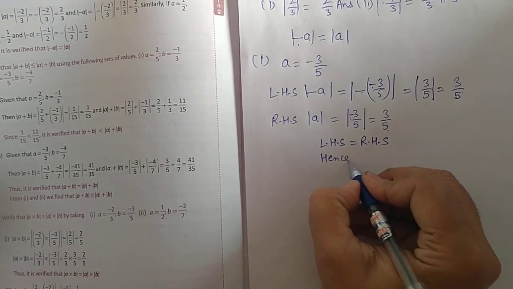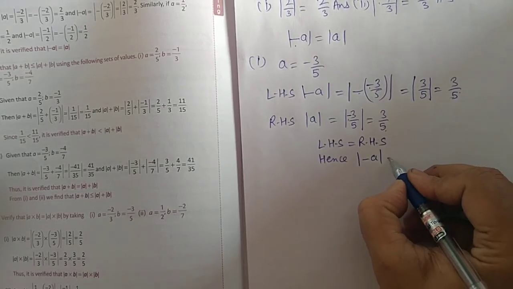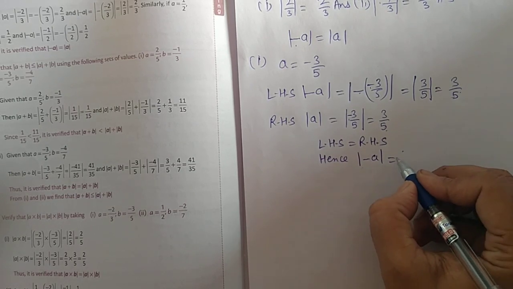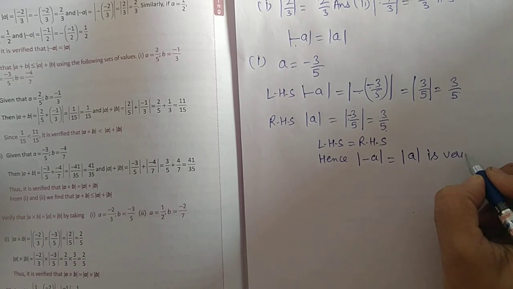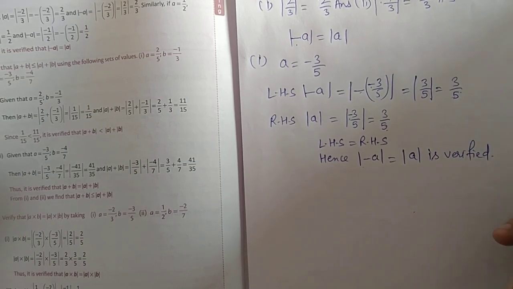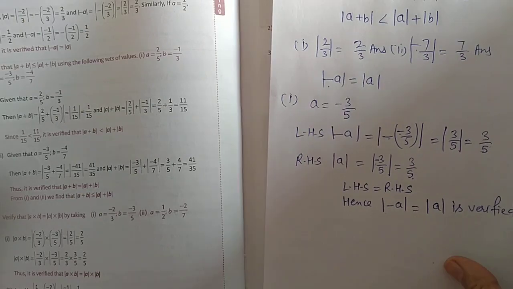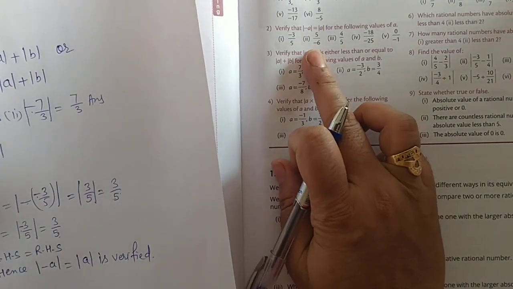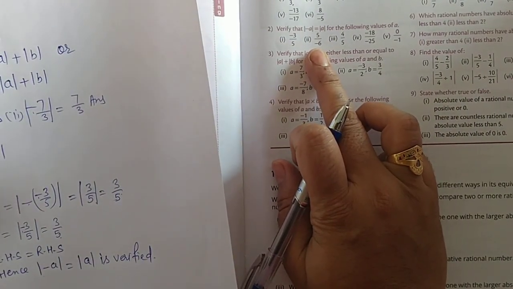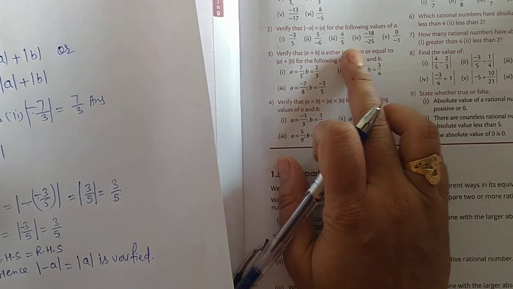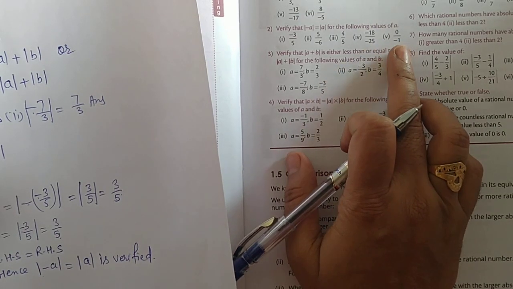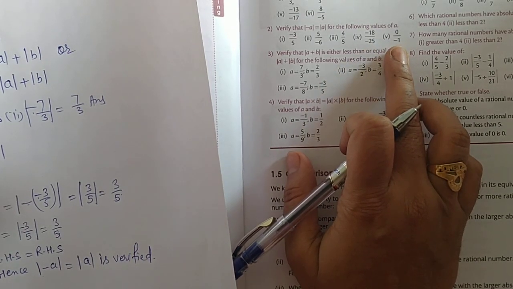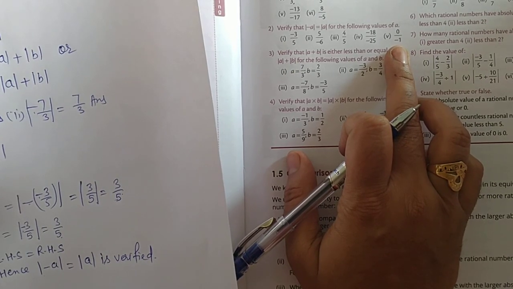Hence mod of minus a is equal to mod of a is verified. Similarly, you can do other parts also by taking a equal to 5 upon minus 6, 4 upon 5, minus 18 upon minus 25, and the last part is 0 upon minus 1.